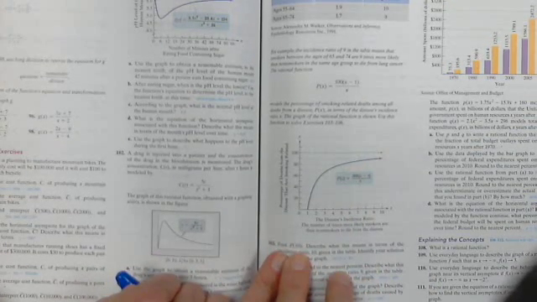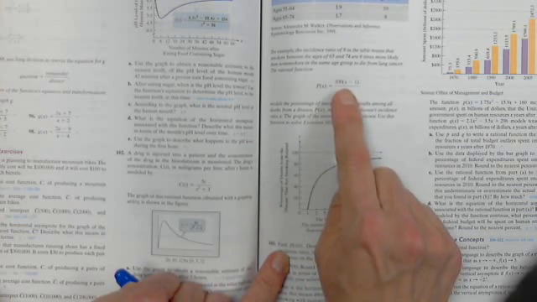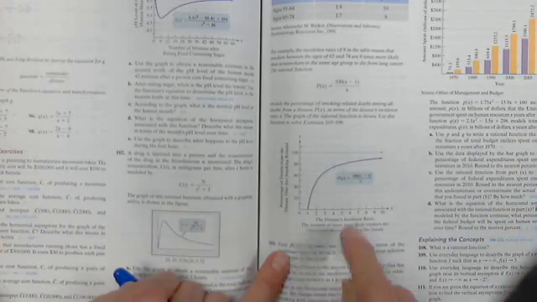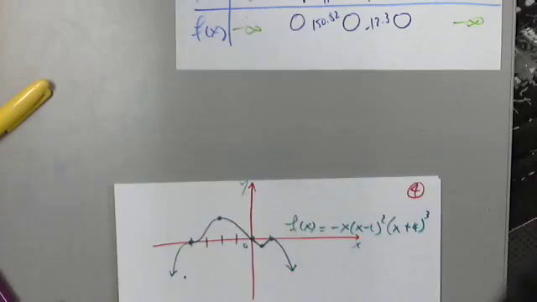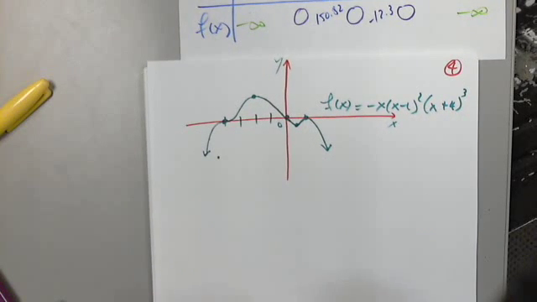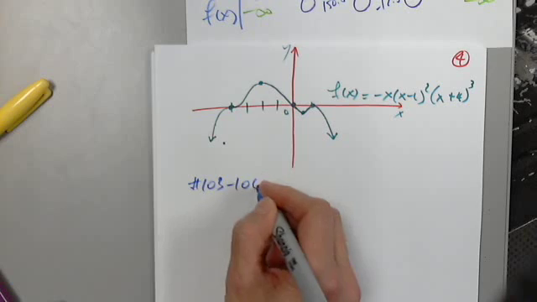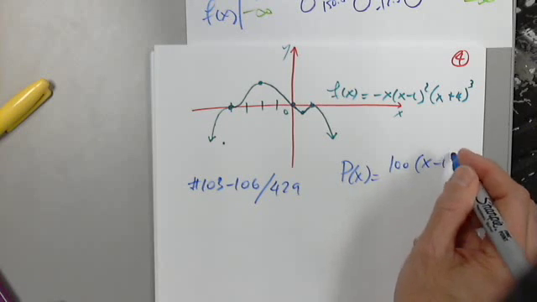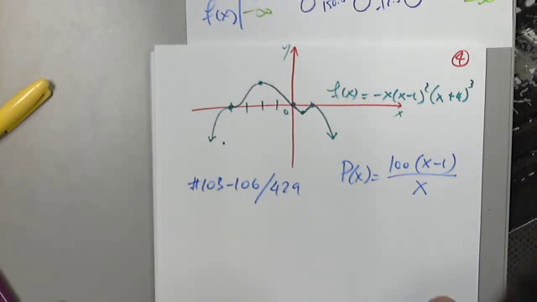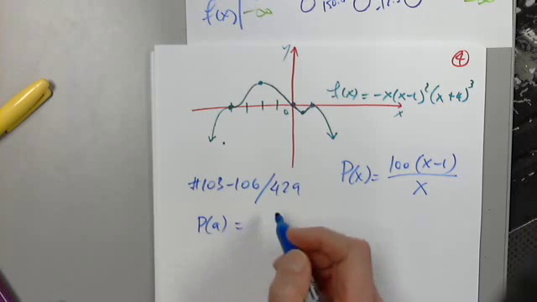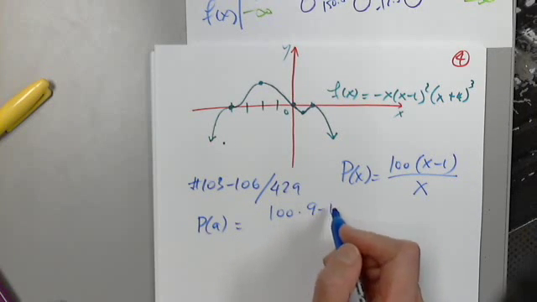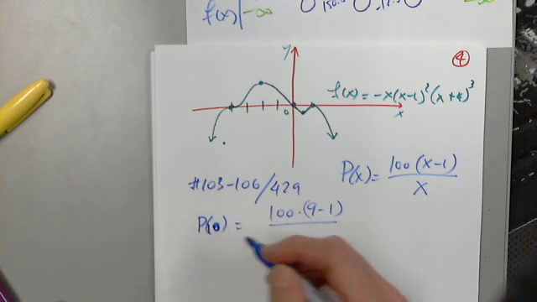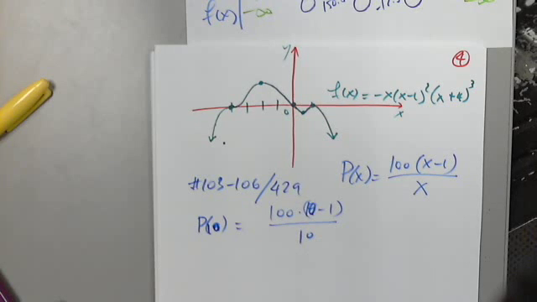103. Find P of 10. 10 minus 1 is 9 over 10. I can plug it in and determine that. So let's find P of 10 first. The problems we're looking at are 103 through 106, page 429. The function is P of X, 100 times X minus 1 divided by X. We're asked to find P of 10. 100 multiplied by 10 minus 1, divided by 10.